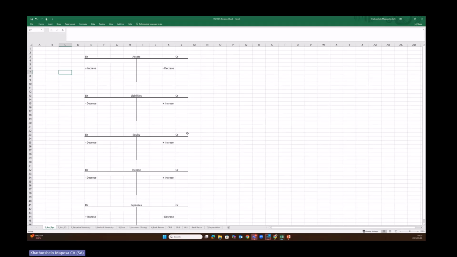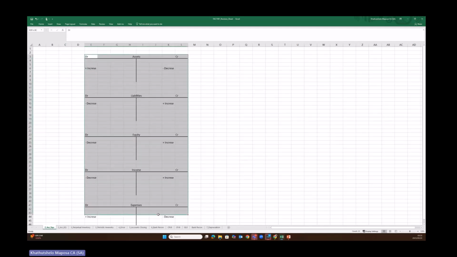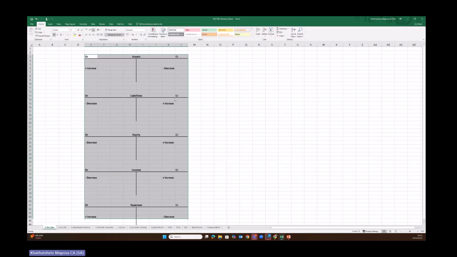Before we go to the accounting equation, I want to repeat this. This is one of the most important sections of accounting. When they say a person is an accountant, it means that person is mastering this, what is on our screen now, understanding this.